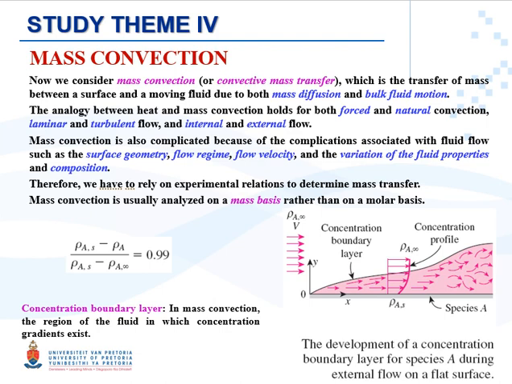We can use the same concept, but of course we know that there is no no-slip condition in mass convection, so we are always going to have rho AS here. It's not going to be 0, but this is exactly the same as convection heat transfer, 99%.